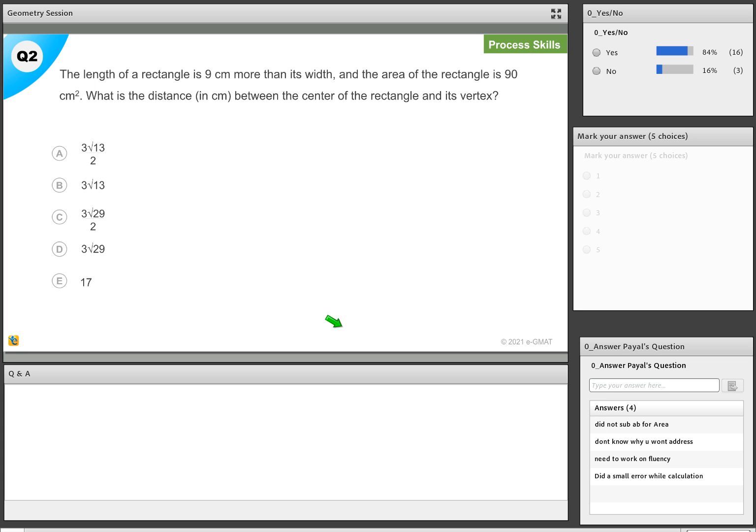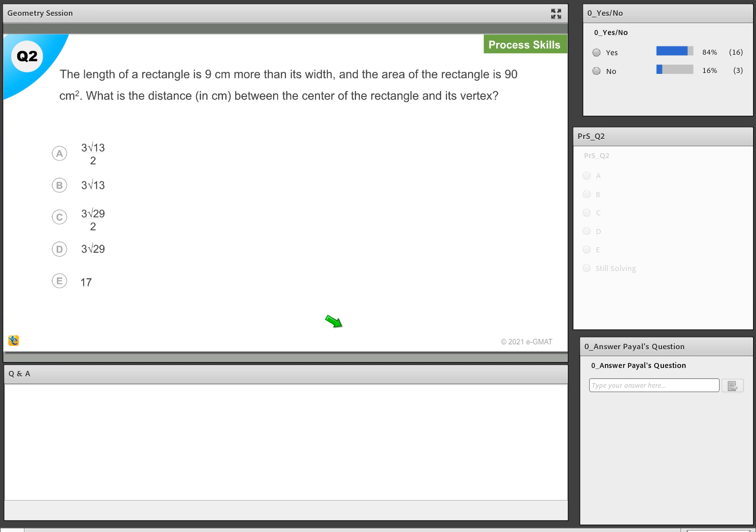Again, this one is your process skill question for question number 2 in this section here. So I'm going to give you the poll. Can you please click on still solving?